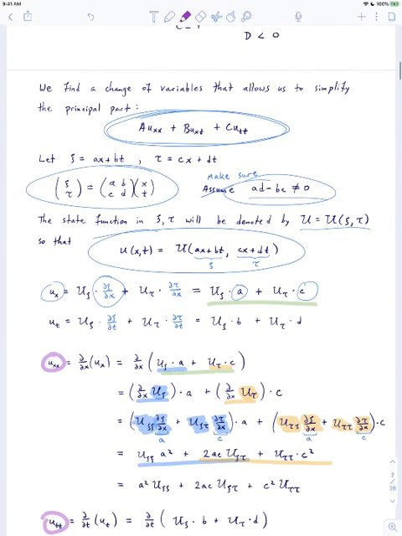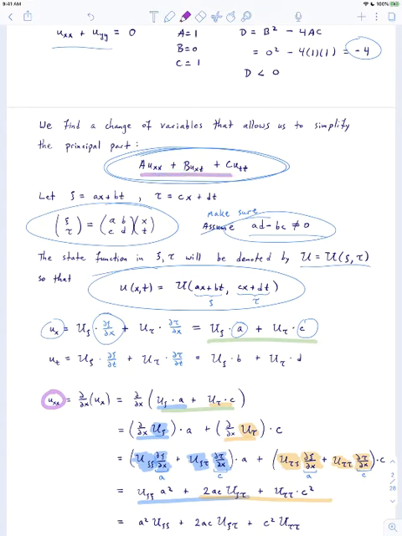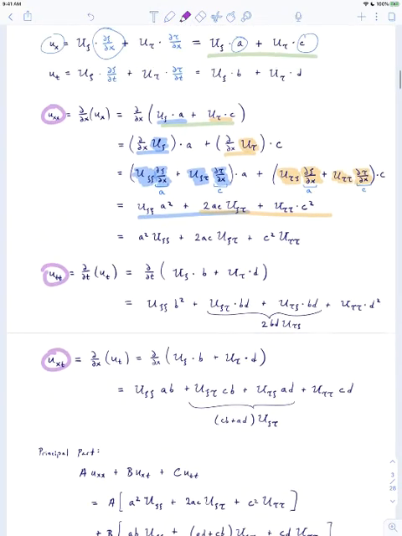So what we're going to do is go back to our principal part, and just substitute in u sub xx, u sub xt, and u sub tt in that equation using these formulas.